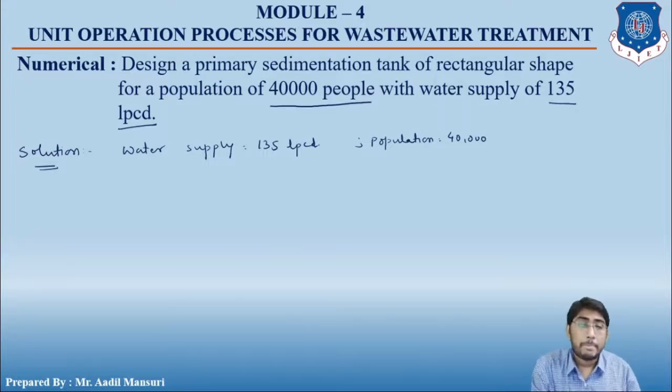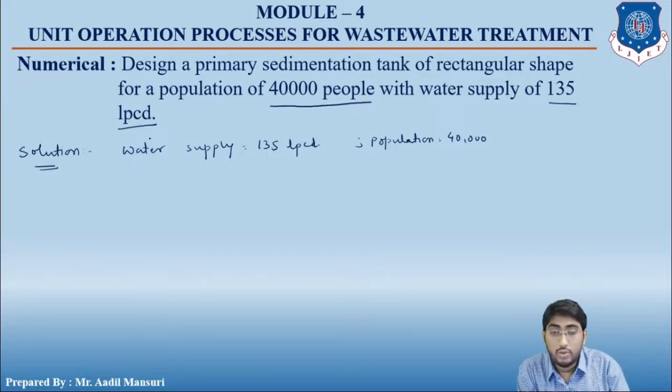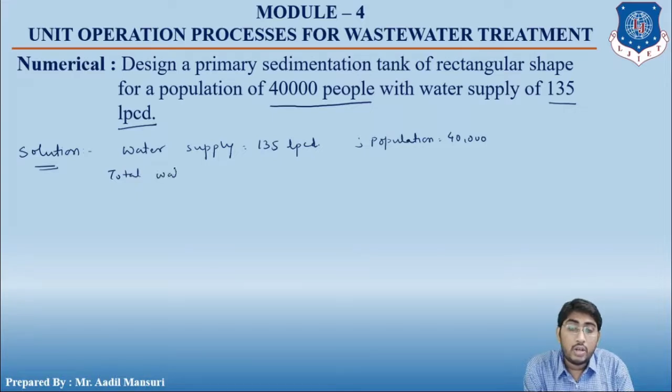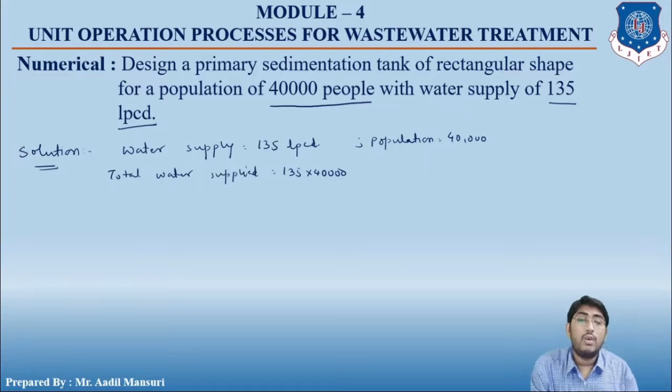Now, if water is supplied to the 40,000 people, then how much quantity of water should be supplied? So you can write that total water supplied will be equal to 135 into 40,000, right?